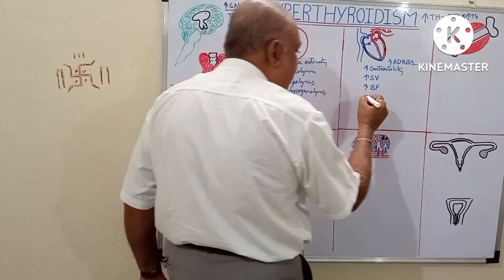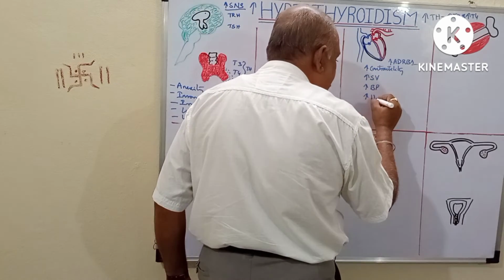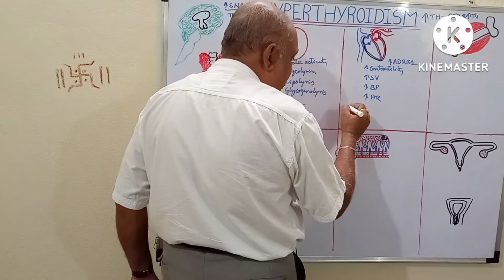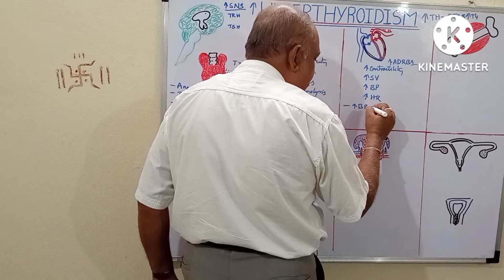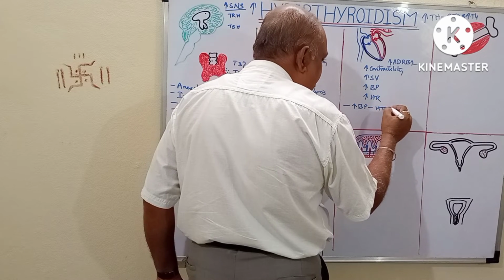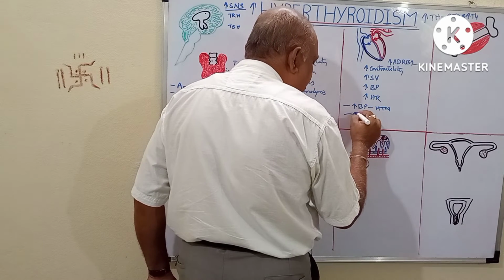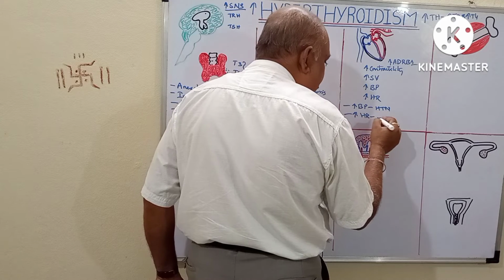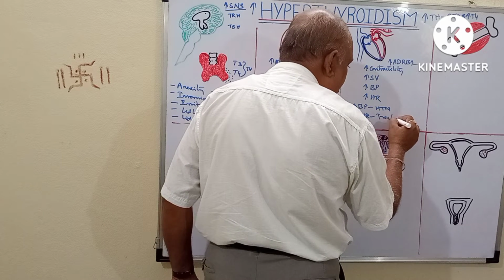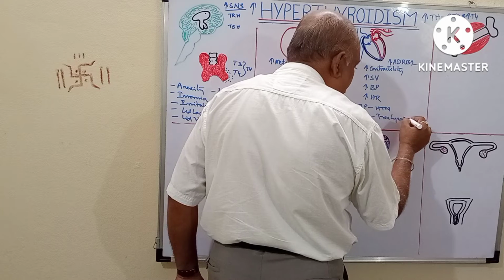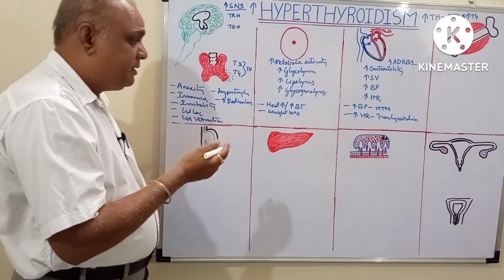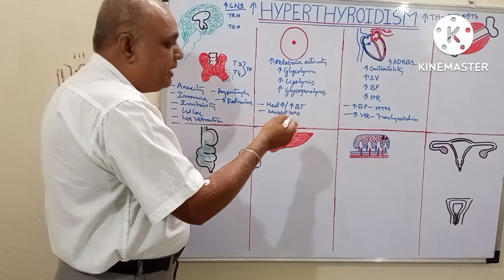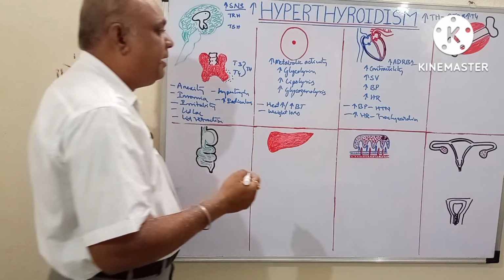When the blood pressure is increased, then it increases the heart rate. So there is a possibility of increased blood pressure, which we call hypertension, and increased heart rate, which we call tachycardia. That's the reason why in hyperthyroidism the patient complains of hypertension and tachycardia.